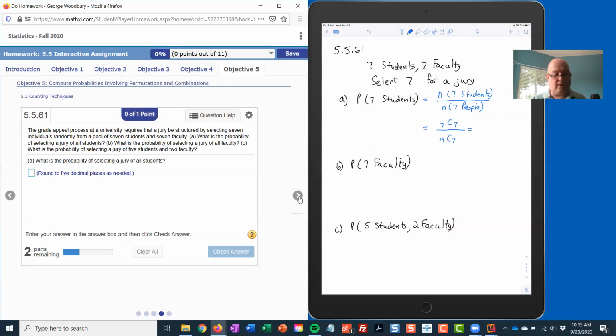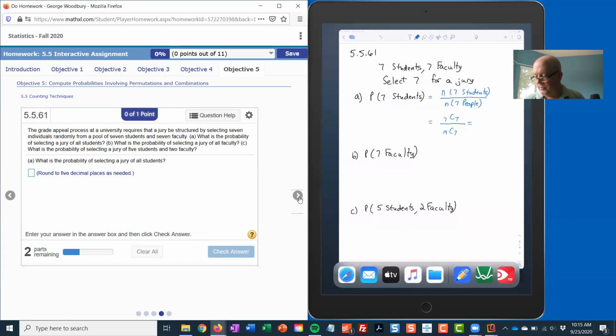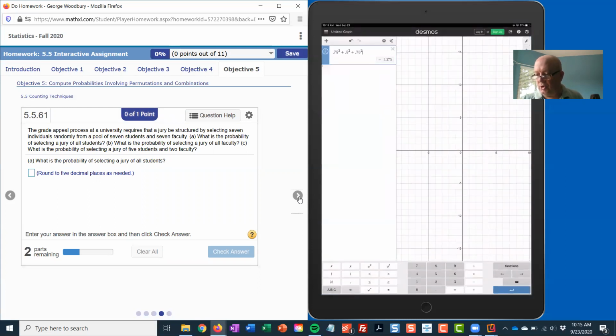And when we work this out, maybe I'll just do it here on Desmos. I'm going to show you 7C7 first. I press functions, stats, NCR, oops, I have to push the NCR first, sorry about that.